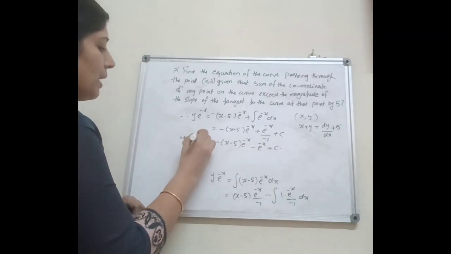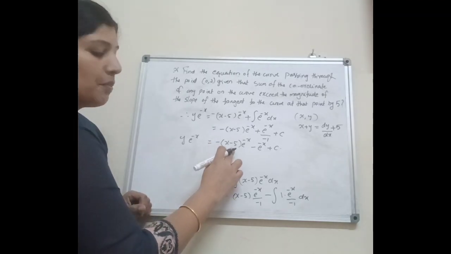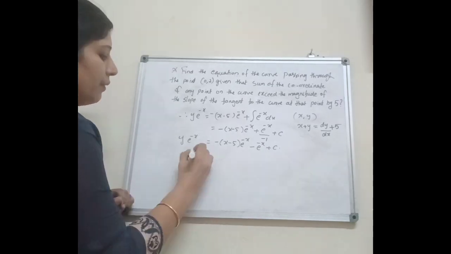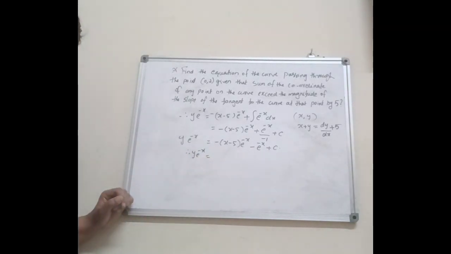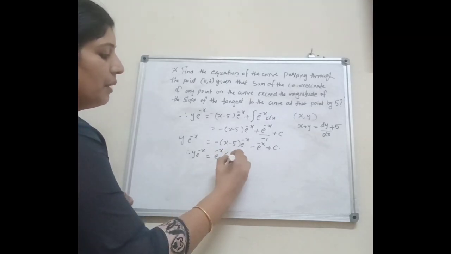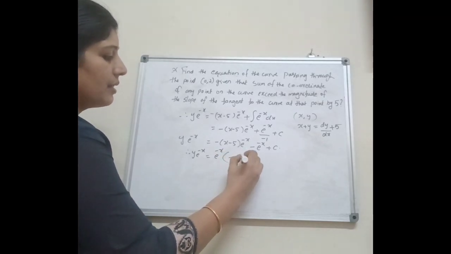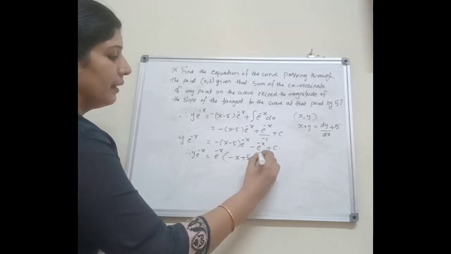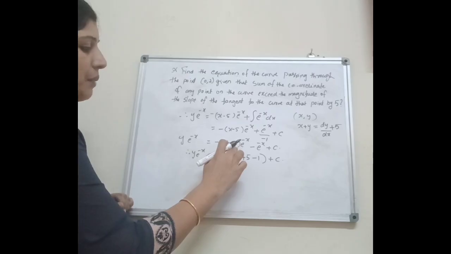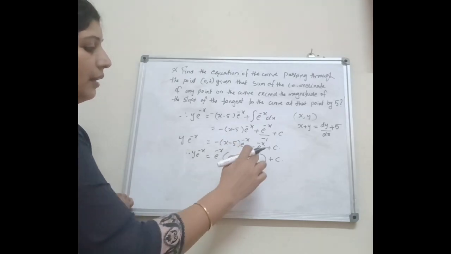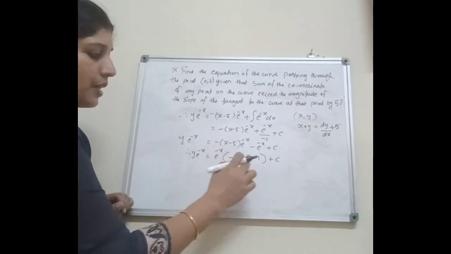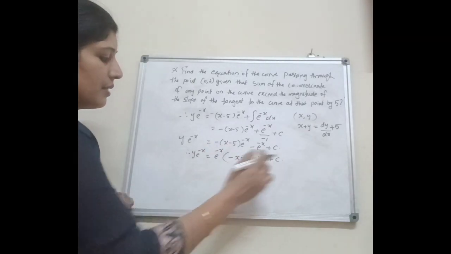That is, y e raised to minus x equal to minus of x minus 5 e raised to minus x minus e raised to minus x plus c. Taking e raised to minus x common outside, we get minus of x minus 5, that is minus x plus 5, then minus 1 plus c.